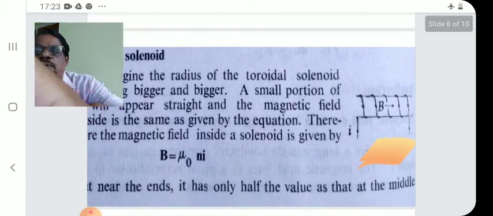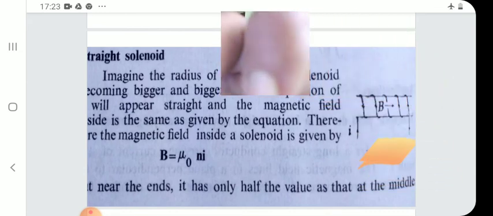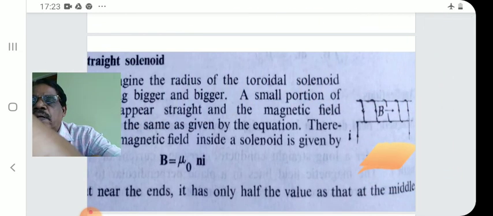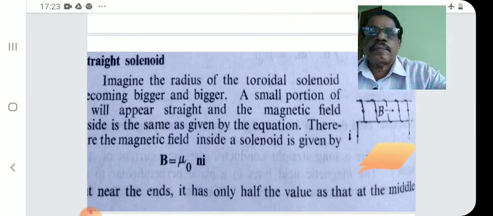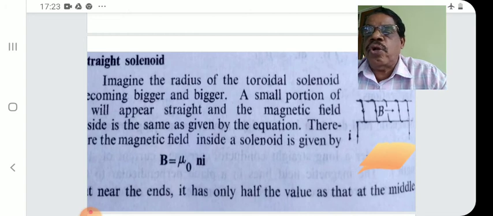Now we have to see the case of a straight solenoid. Imagine the radius of the toroidal solenoid becomes bigger and bigger. A small portion of it will appear straight. The figure is shown. And the magnetic field inside is the same as given by the equation.